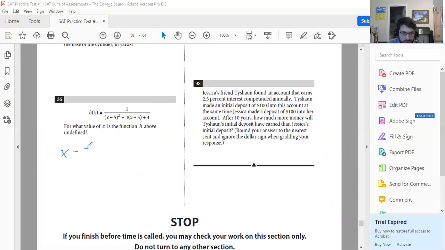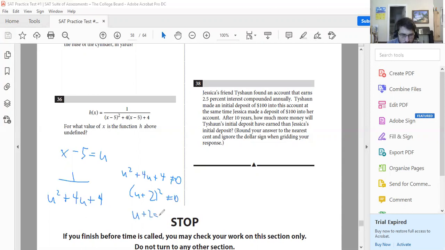We could use substitution. Because we've got the x minus 5, the function is 1 over u squared plus 4u plus 4. And it blows up where the bottom is 0. So that means u squared plus 4u plus 4 cannot equal 0. u plus 2 squared cannot equal 0.